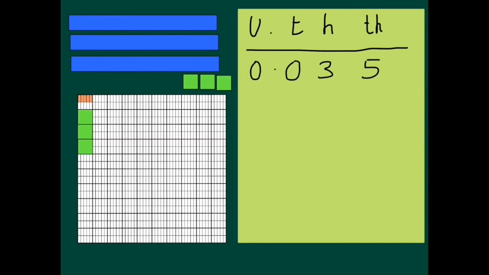I read this number as 0.035. And as a fraction, 1,000 is my denominator, and 35 will go on the top of my fraction. I'd read this as 35 thousandths.